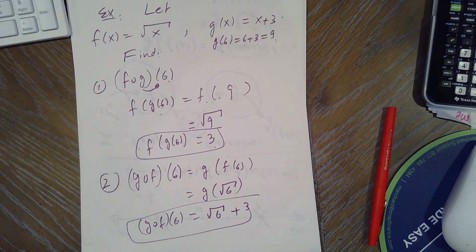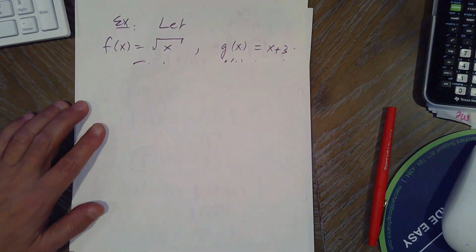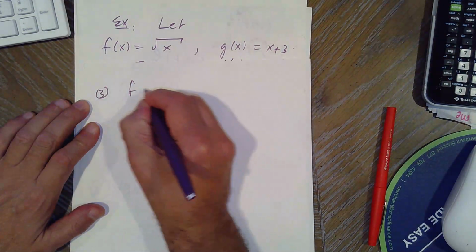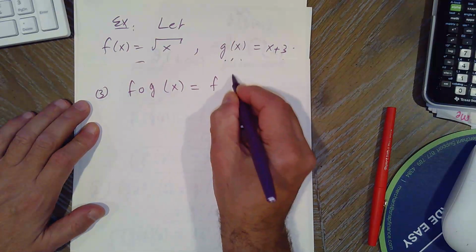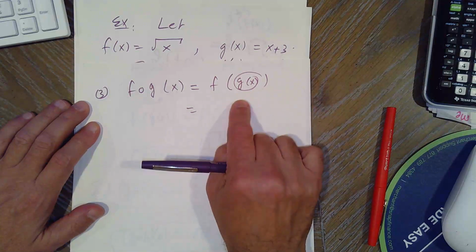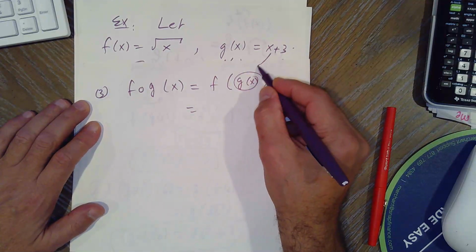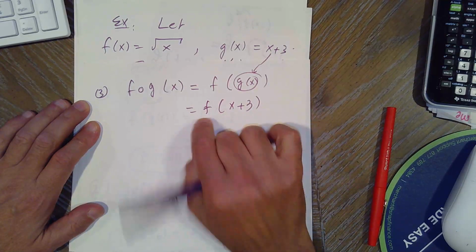Okay, now we're going to do the general equations, which is a little bit more difficult. So number 3, we're going to do f composite g of x, which means you're inputting g of x into f, so there's no number to plug in. g of x is all this, so we're going to input x plus 3 into f.